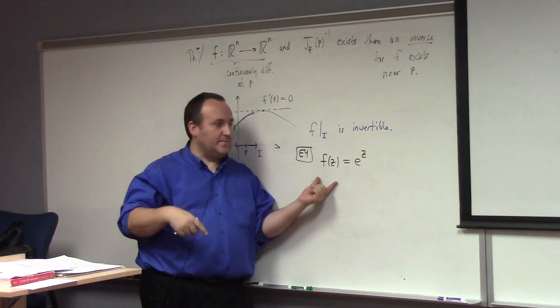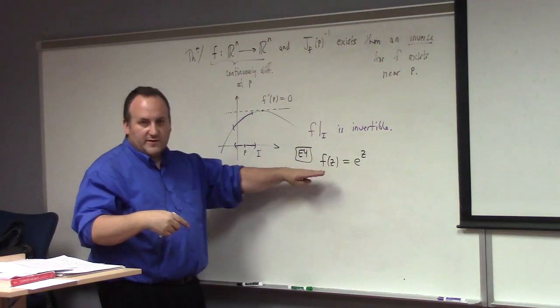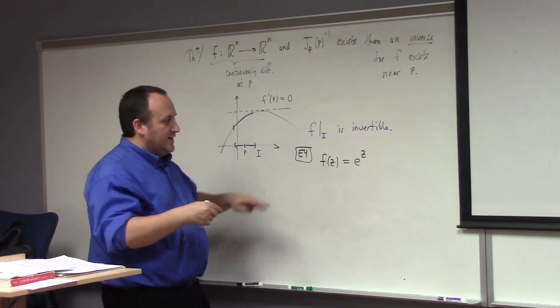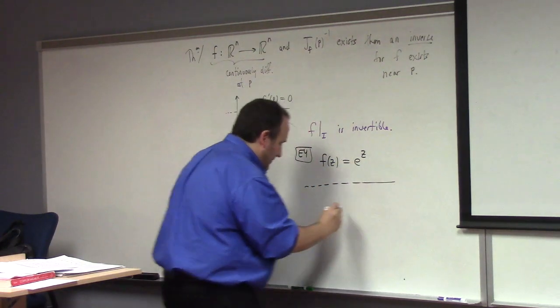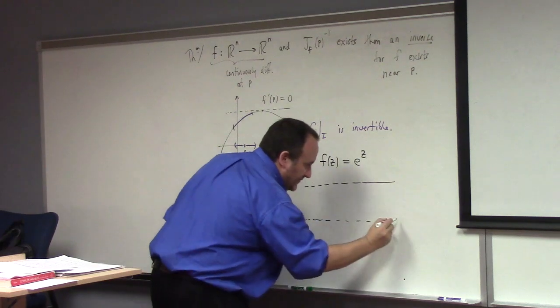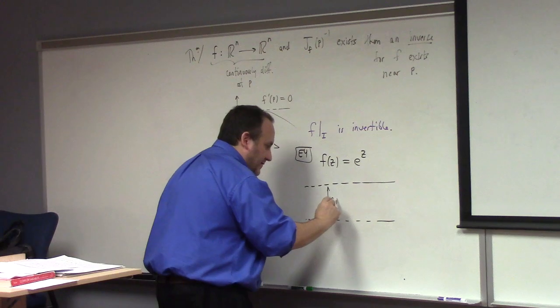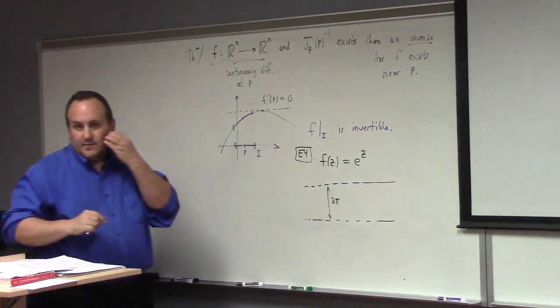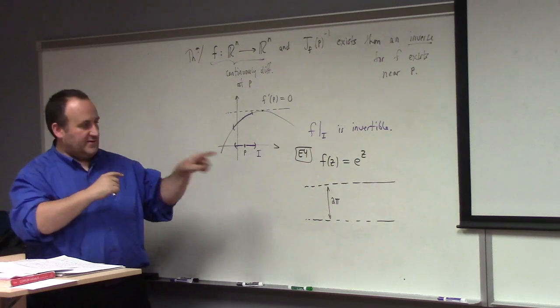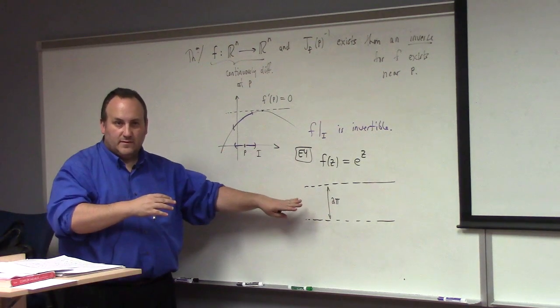So in order to make this one-to-one, I have to restrict to some kind of strip that's not more than 2 pi. It can't be more than 2 pi, because otherwise this function's not injective on that strip.